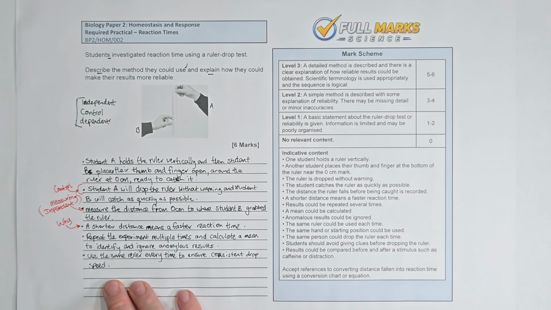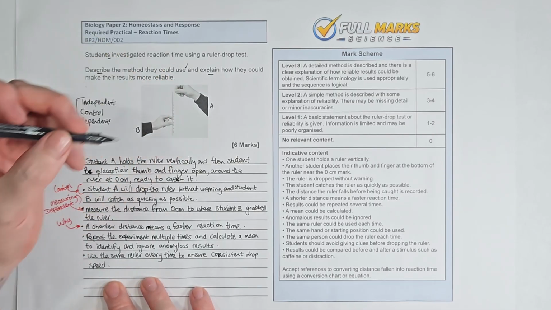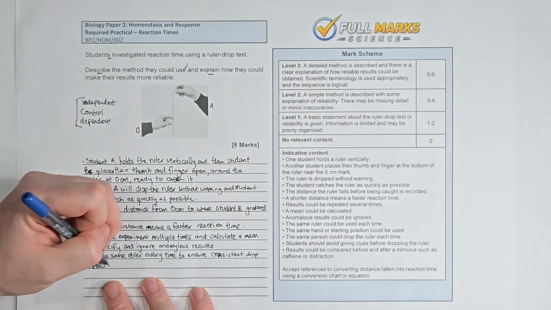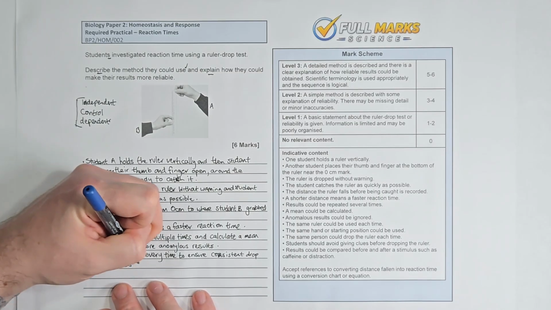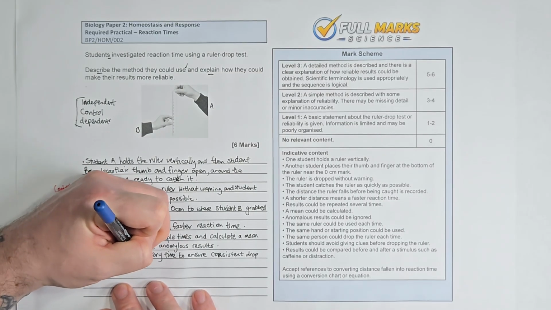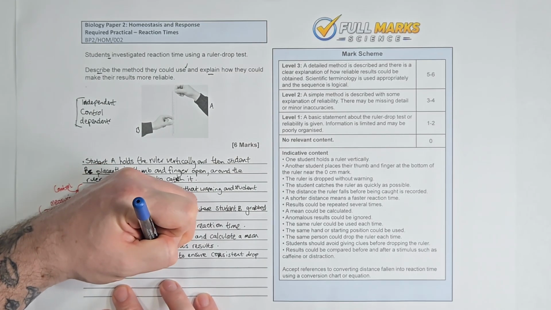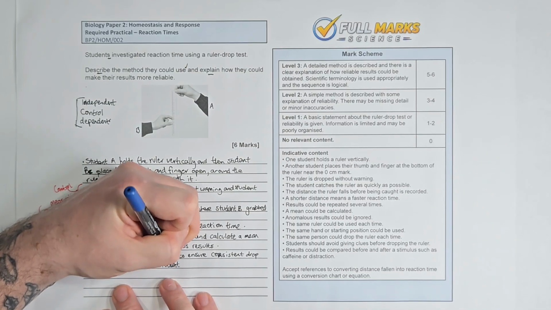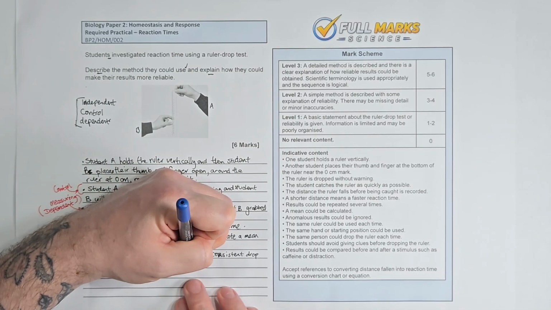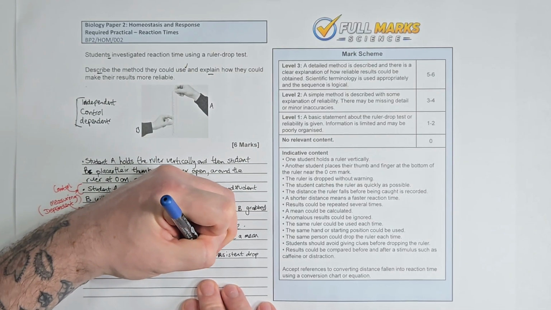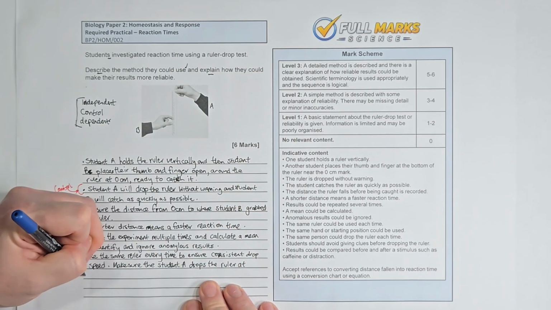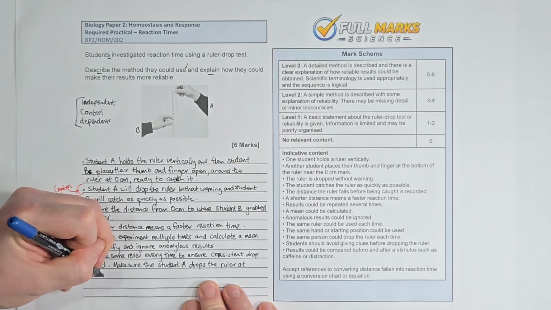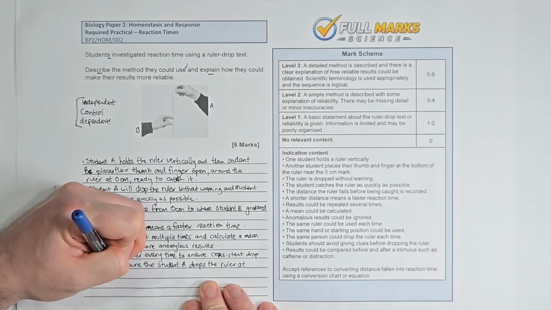And then the only other one is about student A. Make sure, I'm just going to add this on so I don't run out of lines, that student A drops the ruler at random, without warning.